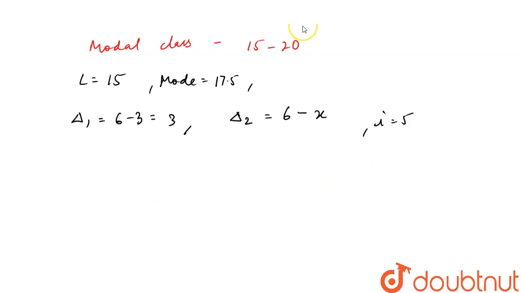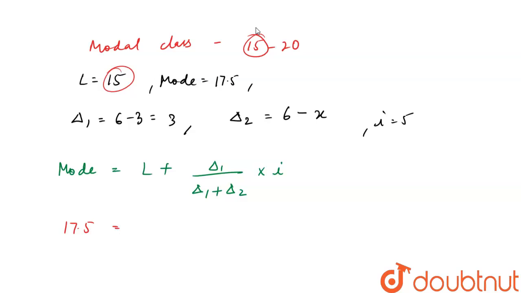Now putting it in the formula of mode, we have L plus delta 1 upon delta 1 plus delta 2 into I. Mode is given, that is 17.5, and lower limit of the modal class is 15. So 15 plus 3 upon 3 plus 6 minus x, into 5.